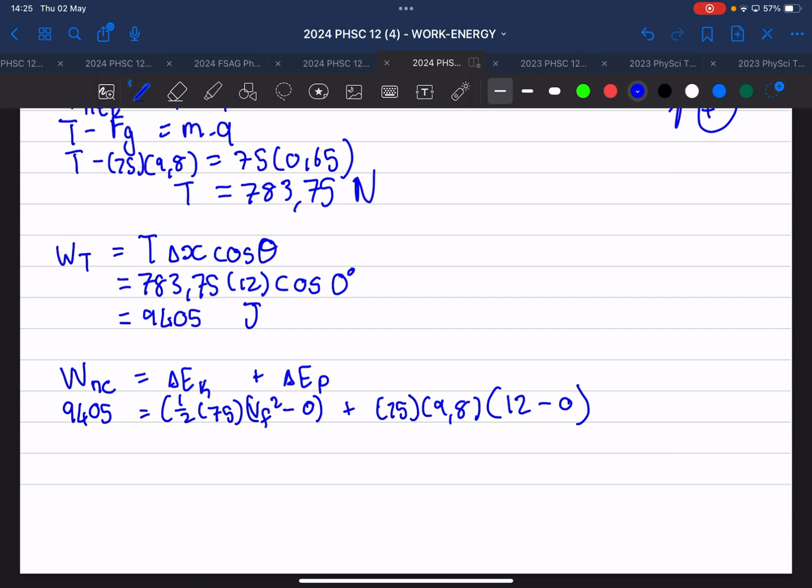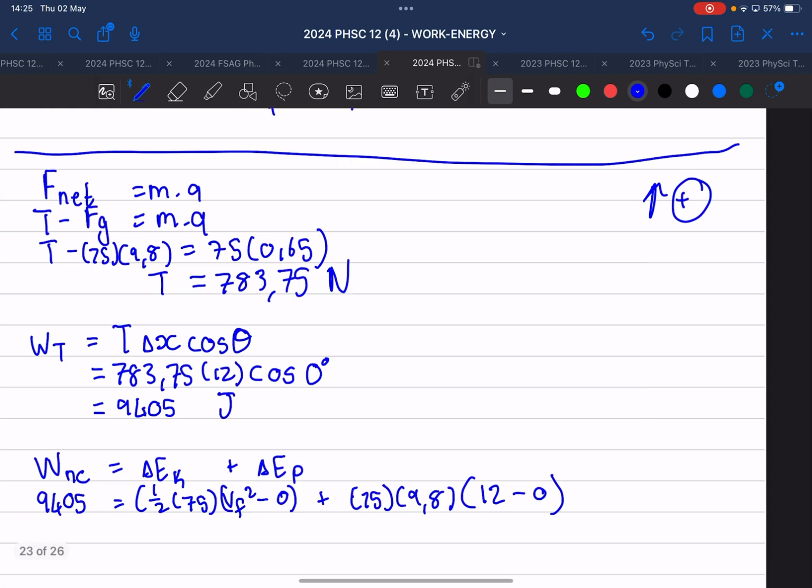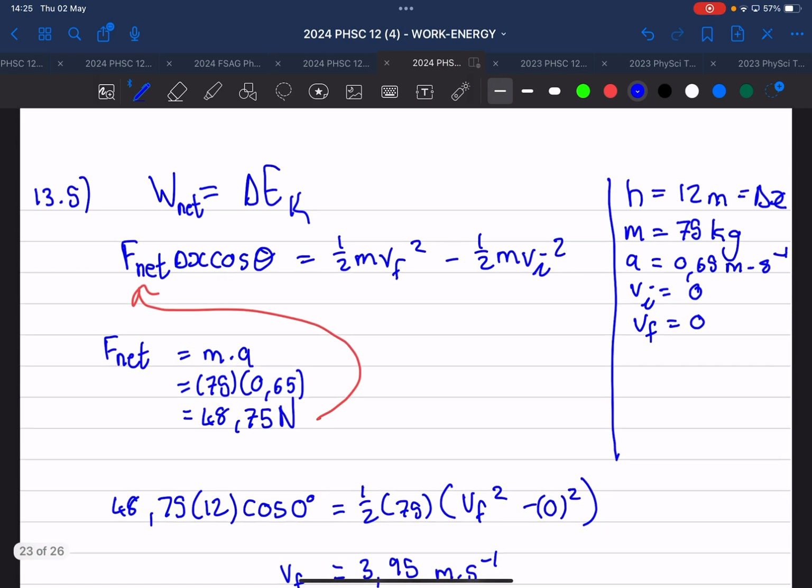Altyd hierdie opsie kan gebruik, want wat as ons nie ons versnelling gee nie? Dan kan ons nie die F net bereken nie, want dan is ons weer onbekend. Dan moet ons die ander gebruik. Wel, met die ander een het ons ook ons Newton 2 gebruik met ons versnelling, reg?